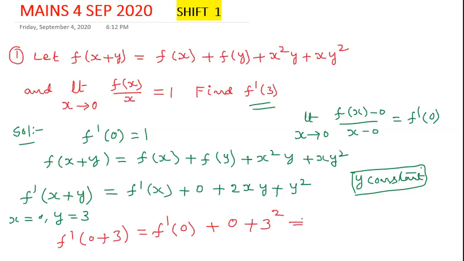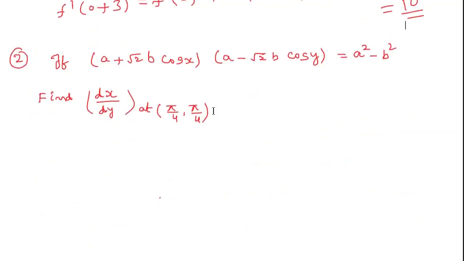Now finally observe that we got the answer: f'(3) is equal to f'(0), that is 1, plus 9, that is 10. So this is a very easy question. Whenever we are doing partial differentiation with respect to x, y is constant. Remember it.